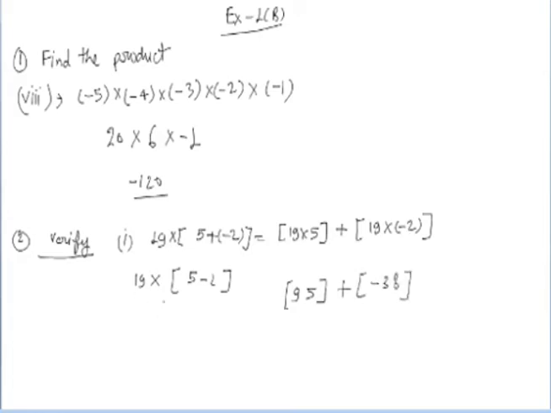Here will come 19 into 5 minus 2, which is 3, and here 95 plus minus 38. 19 threes are 57, and here subtract: 15 minus 8 is 7, and 8 minus 3 is 5, 57. So these are equal. So this is true. Verify means the equal sign is correct over here.